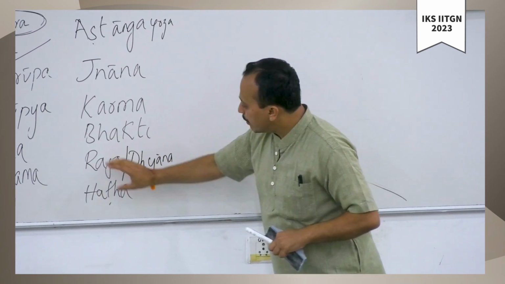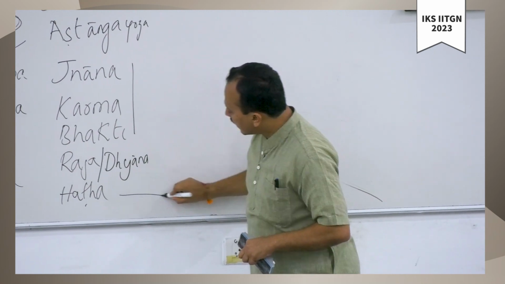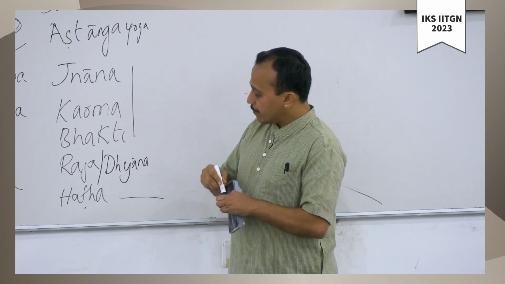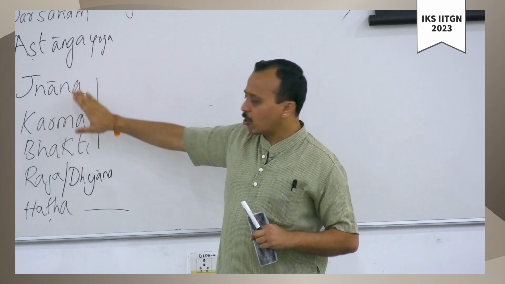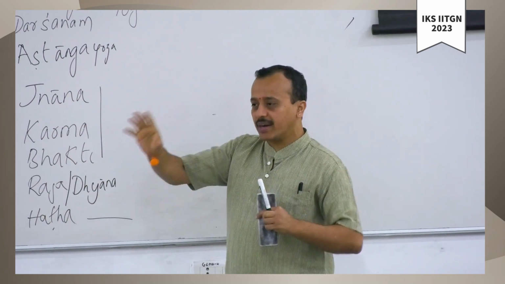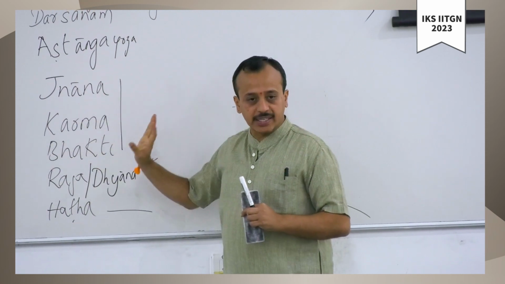Now, in between, this is at the higher level, this is at the material level, and not many would prefer Jnana Yoga. Not many would prefer karma. There will be small pockets of people who have a natural tendency towards any one of these.